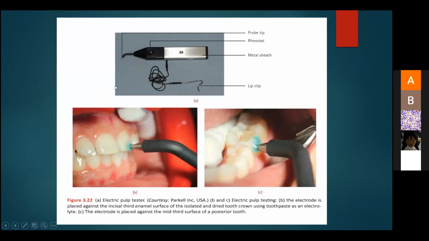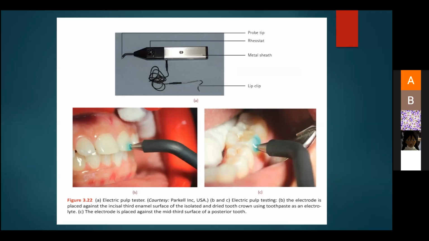So this is a probe and rheostat in a metal sheet. For incisors, it is applied on the incisal third, and for molars, it is applied on the middle third. Before that, you have to apply an electrolyte gel for the conduction of the electrical stimulus. Then you have to start with a very small amount of electrical charge. Then you have to keep on increasing.